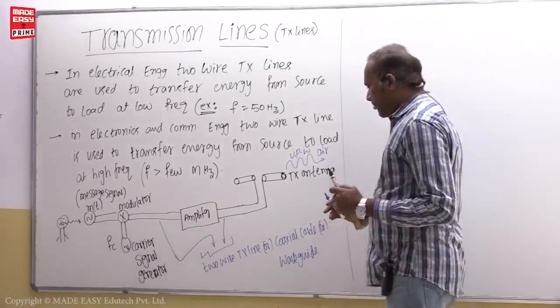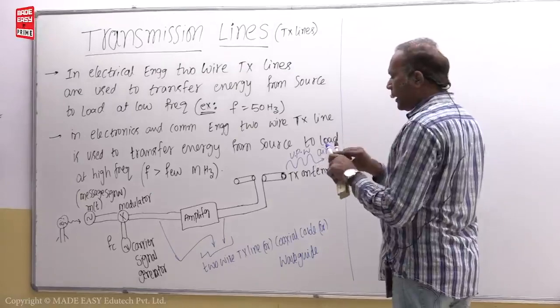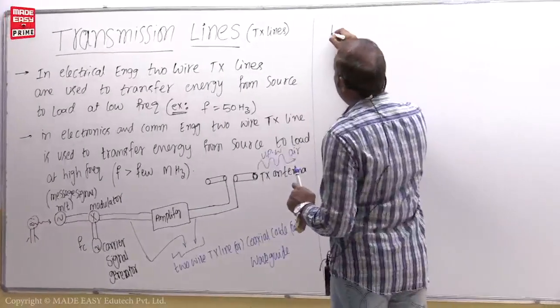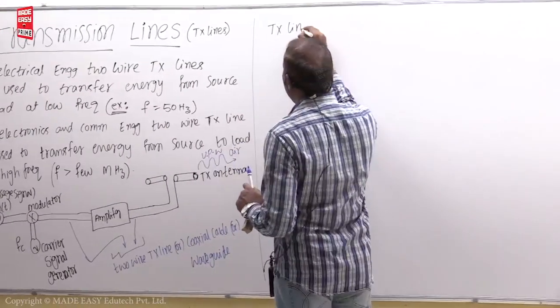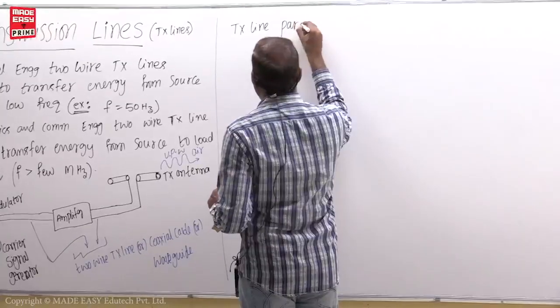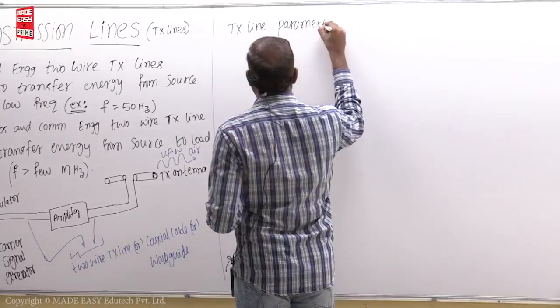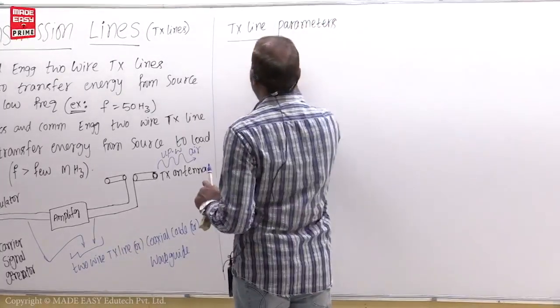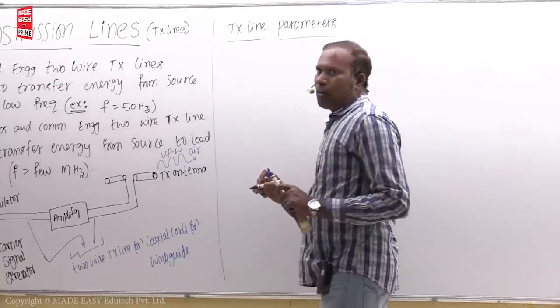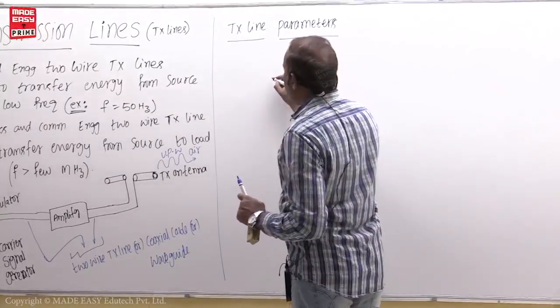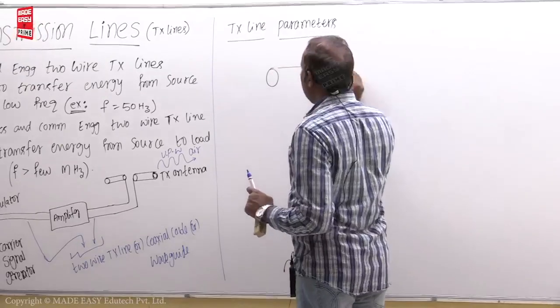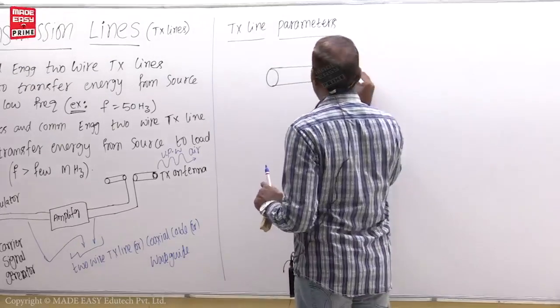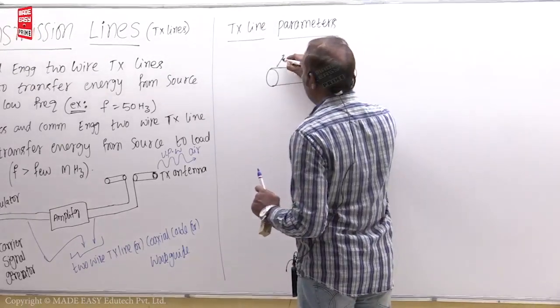Okay, so here I am writing transmission line parameters. Now consider one conductor. This is the conductor, this one.